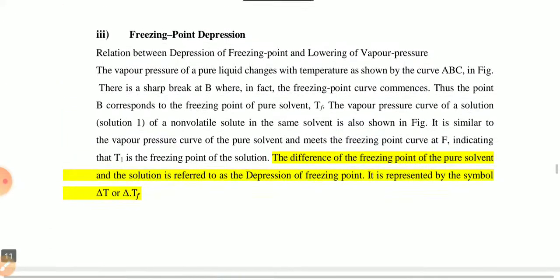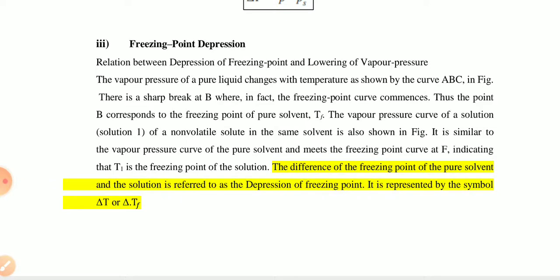Point B on the freezing point curve corresponds to the freezing point of the pure solvent, which is TF. The vapor pressure curve of solution 1, with a non-volatile solute in the same solvent, is similar to the vapor pressure curve of the pure solvent and meets the freezing point curve at F, indicated by T1, the freezing point of the solution.